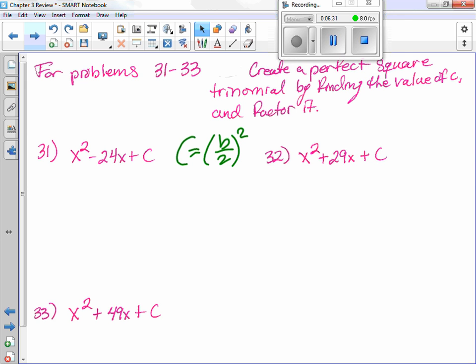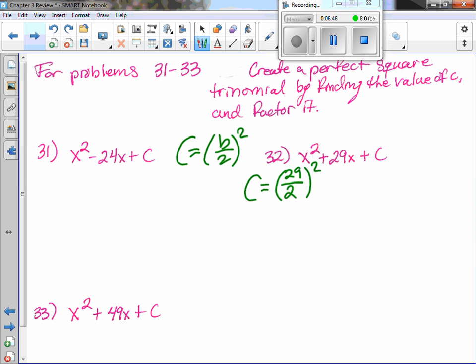We can look at 32. So c would equal what over 2 squared? 29. Our value of b is 29. Can I divide 29 by 2 evenly? No. So if you want, you can leave it as 29 over 2 and just square it.